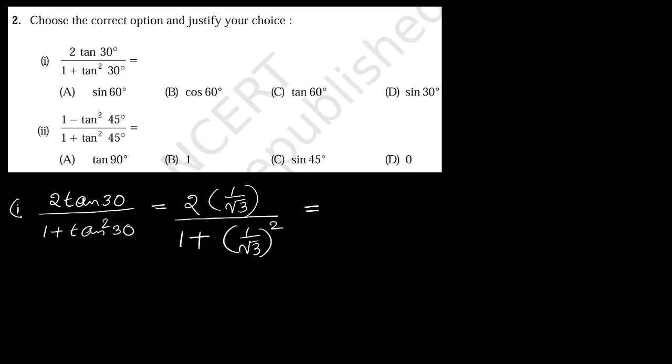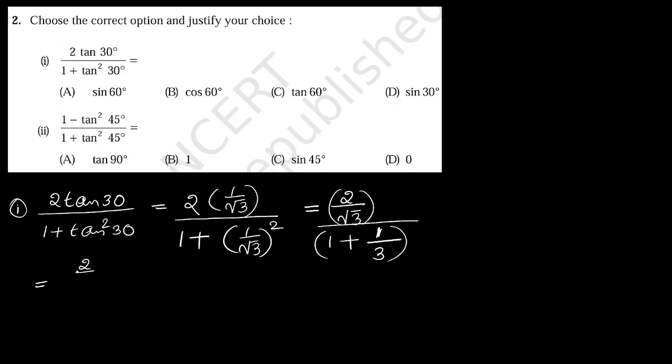I am discussing the first problem. 2 into 1 by root 3, 2 by root 3, divided by 1 plus 1 by root 3 all square, which is 1 square by root 3 square. 1 square is 1, root 3 square is 3. You can ask me doubt, but let me complete the solution first.